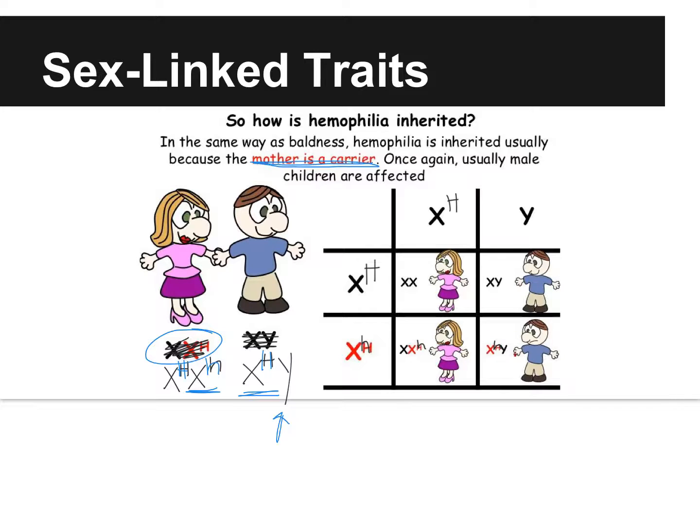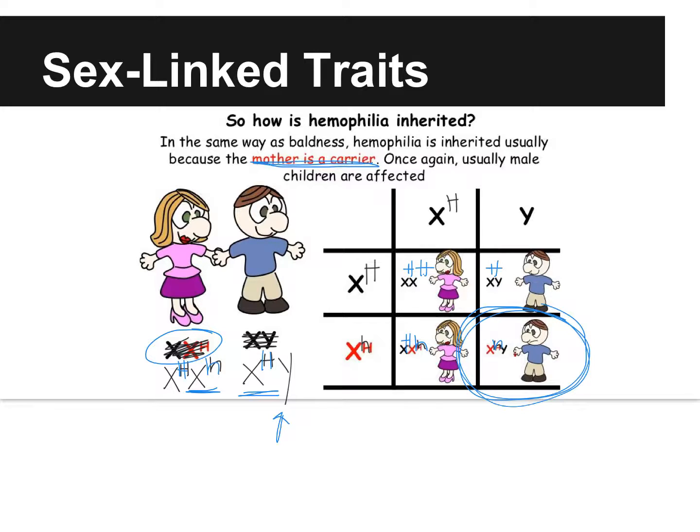So when you cross them, we have a normal female with 2 copies of the dominant, a normal male with 1 copy of the dominant trait. Then we have a female that is going to be a carrier with the dominant and the recessive. And then this poor little guy, which is why he is not smiling, carries the trait.